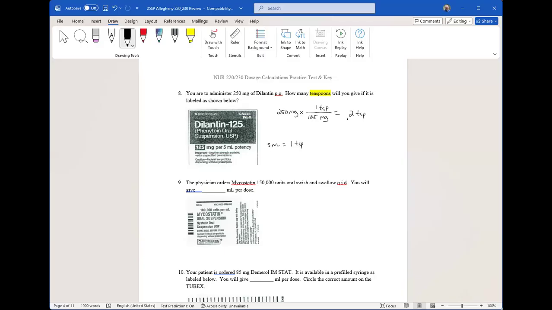We know the total, but I think our professor docked us if we didn't mark which one was the beginning and which one was the end. That happened to me too. Yeah, I can show you how to properly mark the syringe. I have a feeling that question's getting phased out, but I will show you how to do that.